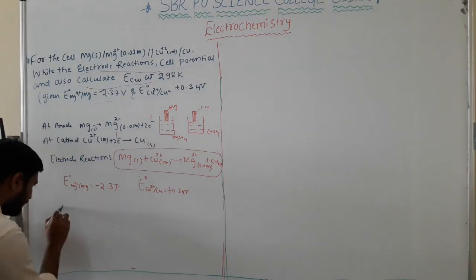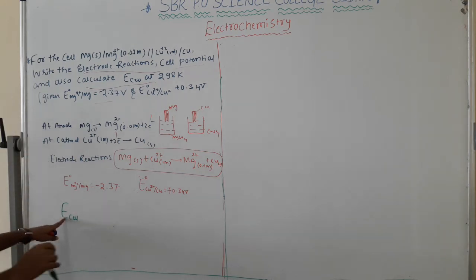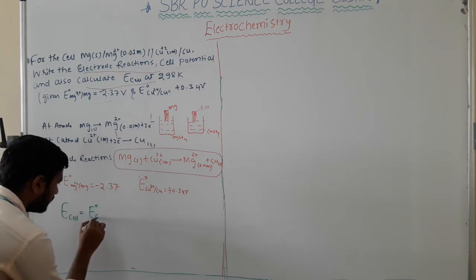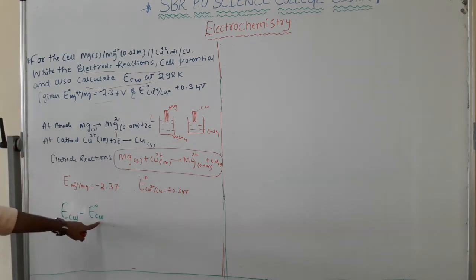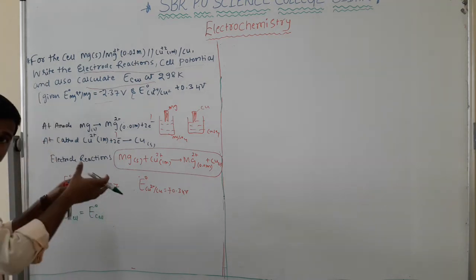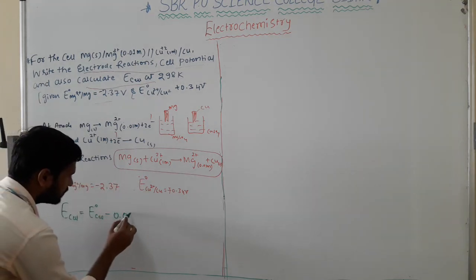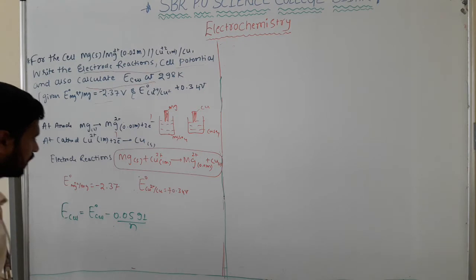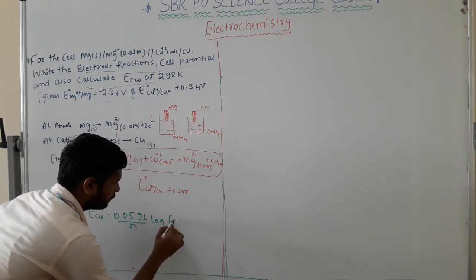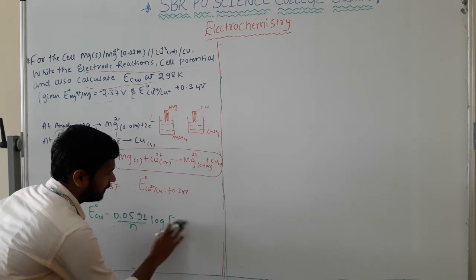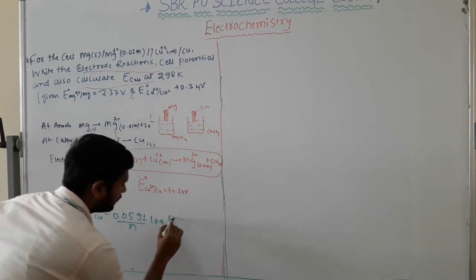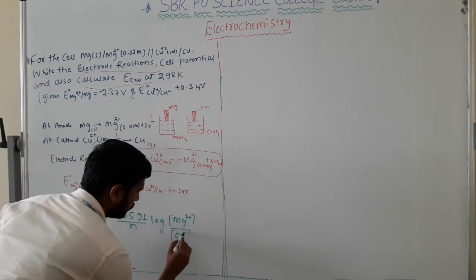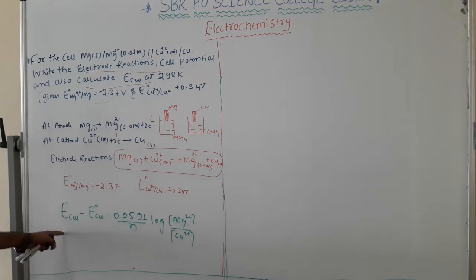E cell is equal to E naught cell minus 0.0591 divided by n, where n is 2 because 2 electrons are transferred, times log of the anode ion concentration Mg2+ over the cathode ion concentration Cu2+.